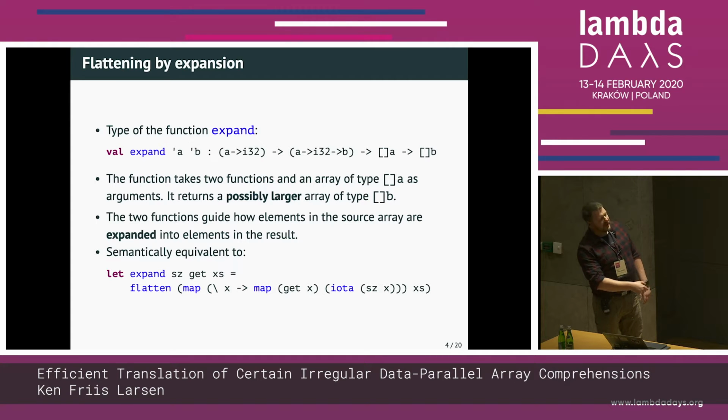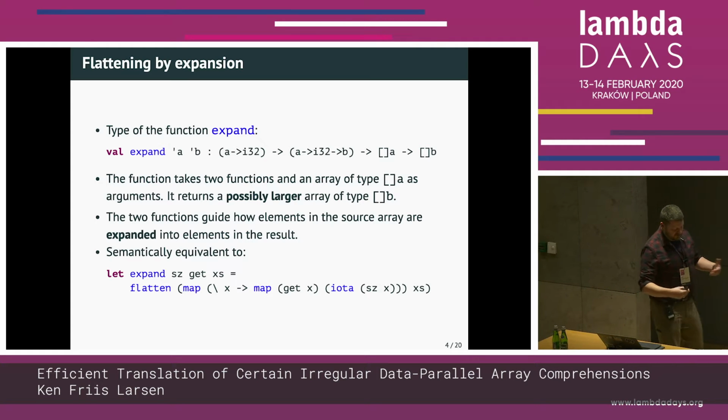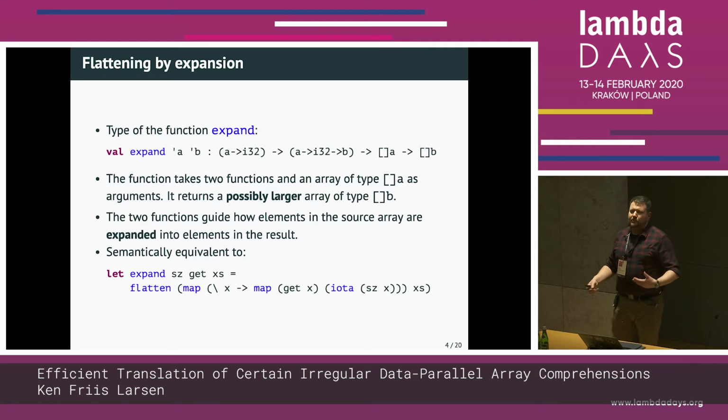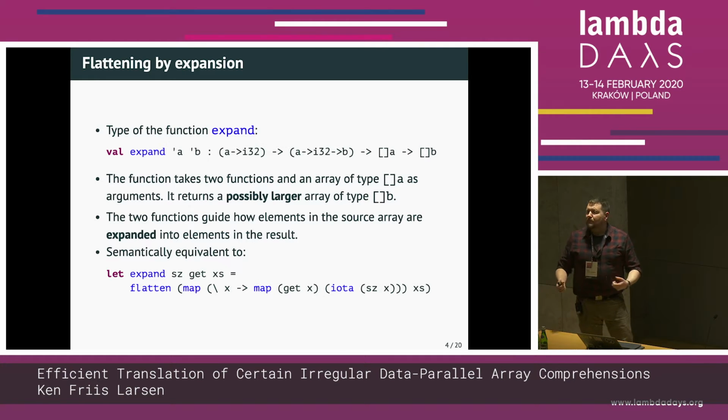If we just want to think of what the semantics is, this is not how it's implemented. This is the semantics. So it's not that we can express something new with expand. It's just that we have a pattern that can be implemented in an efficient manner. And I should say that here there's iota.